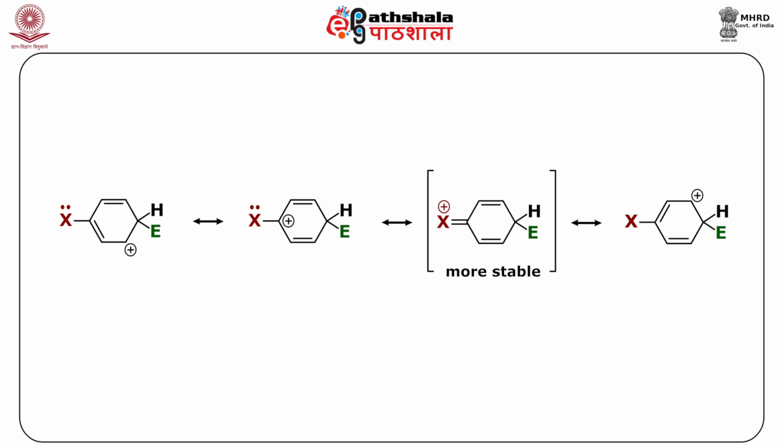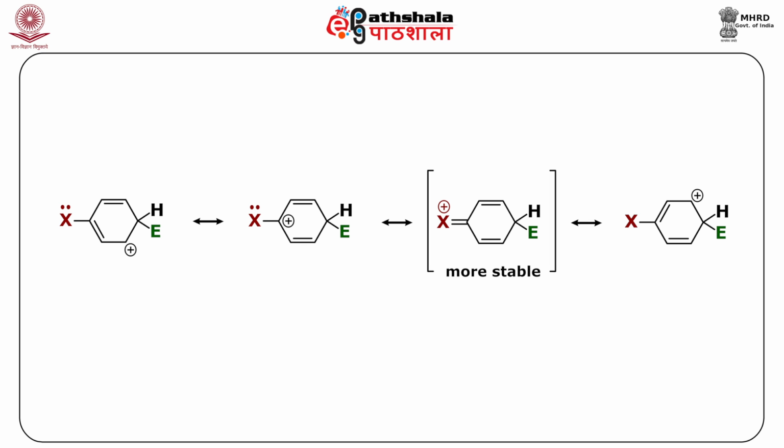However, the halogens also have lone pairs of electrons that they can donate via resonance, that is the plus R effect in these sigma complexes for ortho and para electrophilic attack. While the reaction at the meta position does not allow for the positive charge to be placed next to the halogen and therefore does not result in any stabilization.